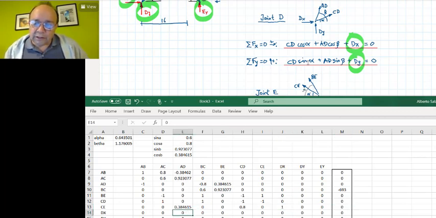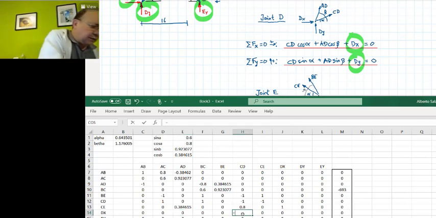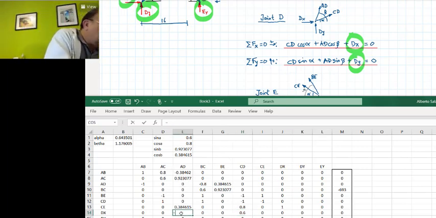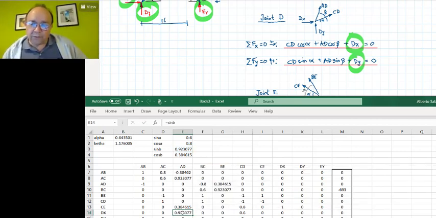Then CD sine alpha equals sine alpha, AD sine beta equals sine beta, plus dy times 1.